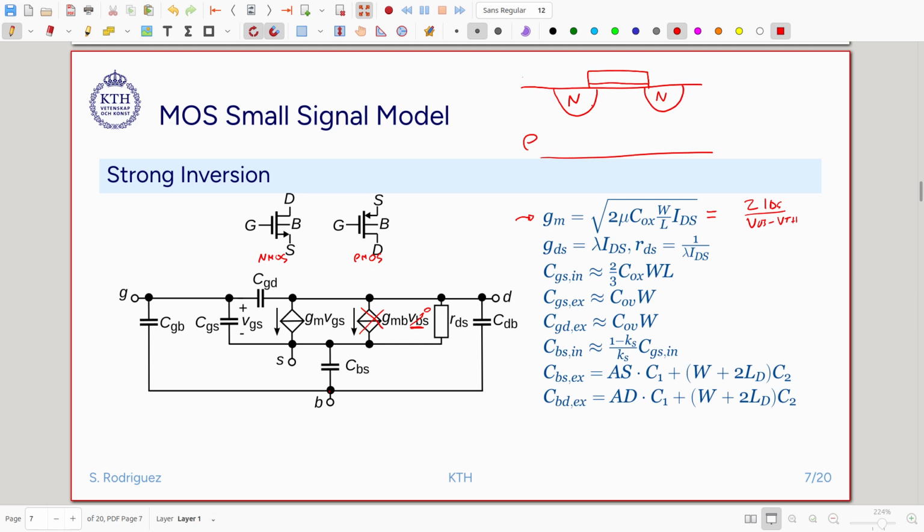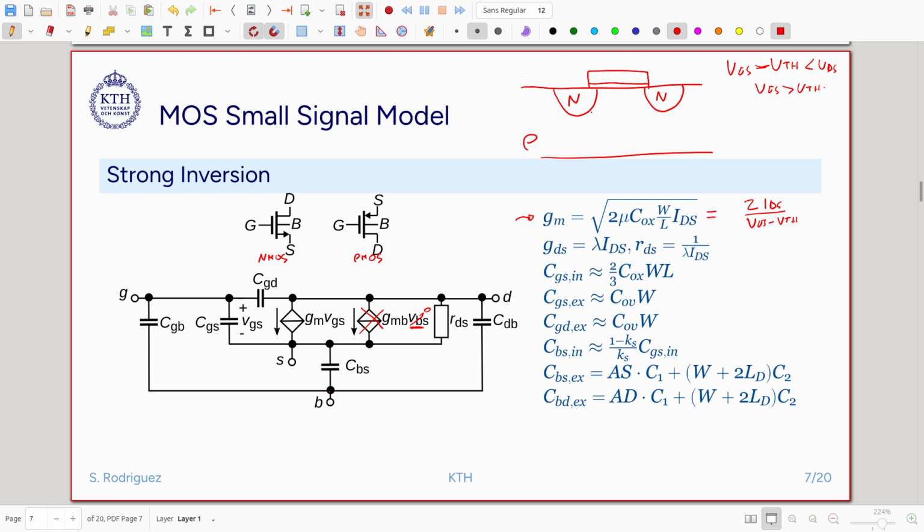The transistor enters saturation when VDS is higher than VGS minus VTH, and VGS is higher than VTH, so the transistor is on, and then we are in the saturation region.